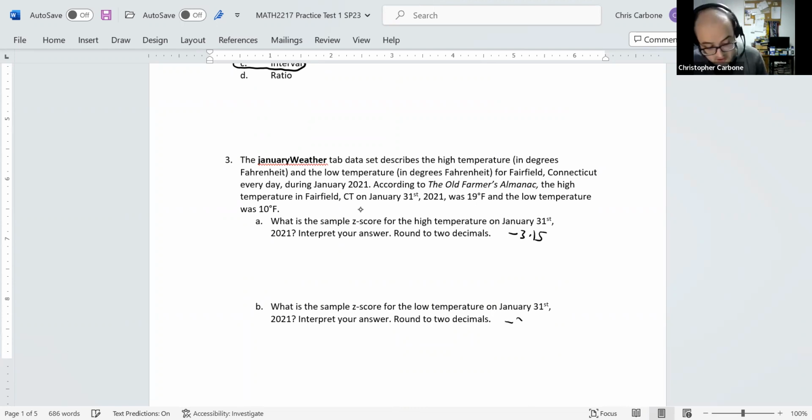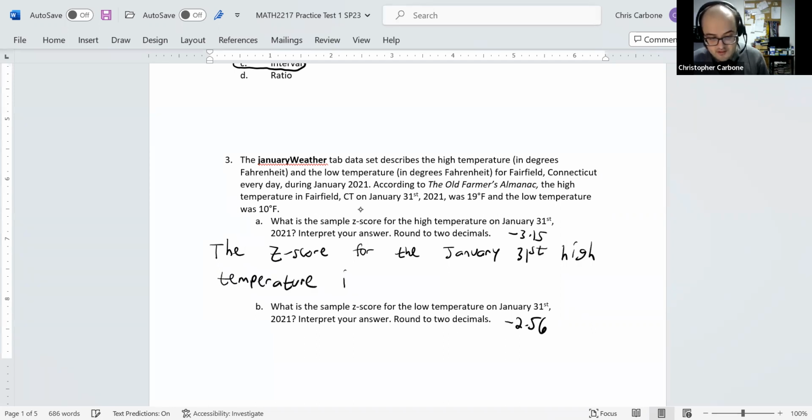So the interpretation on it would be the z-score for the January 31st high temperature is negative 3.15.